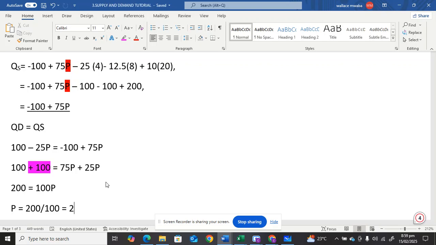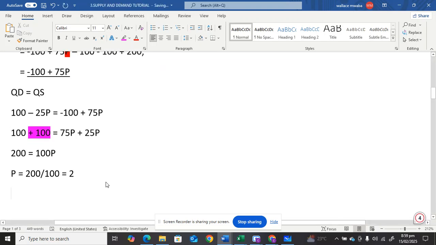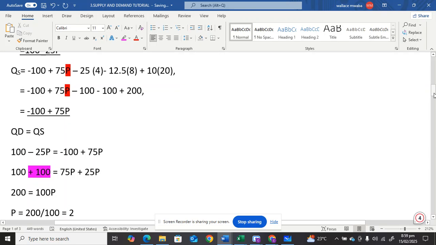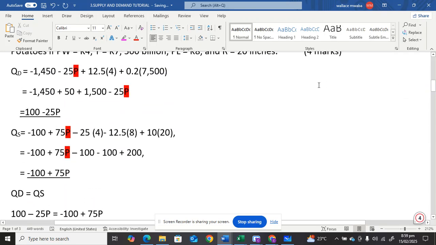Yes, the equilibrium price is 2 kwacha. Then we can now get the quantity demanded and supplied at equilibrium. So we can just substitute 2 into any of the functions. Let's substitute it in the supply function.